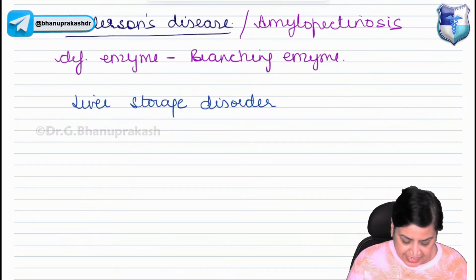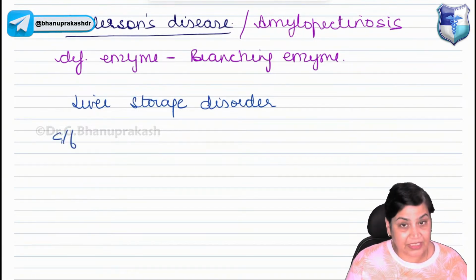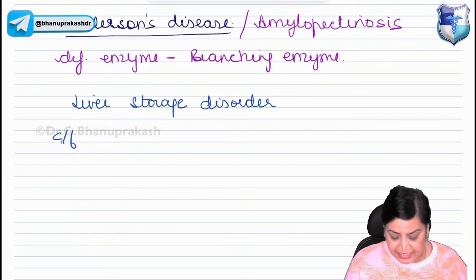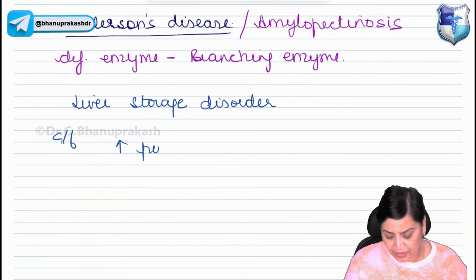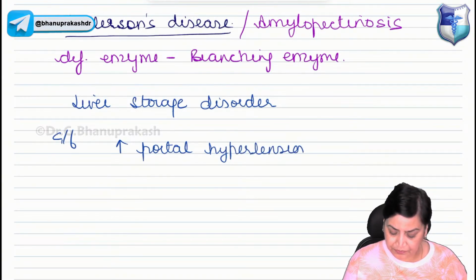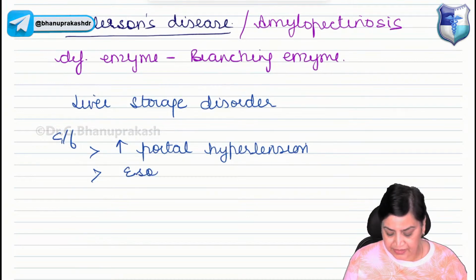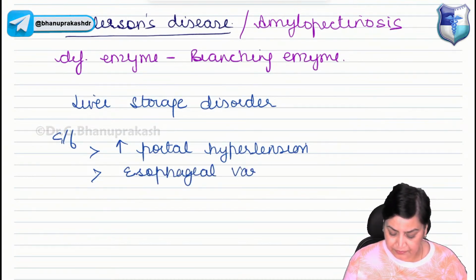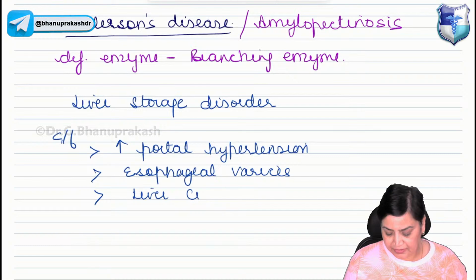So what will be the clinical features? We can simply say increased portal hypertension, which leads to esophageal varices, and third is liver cirrhosis.